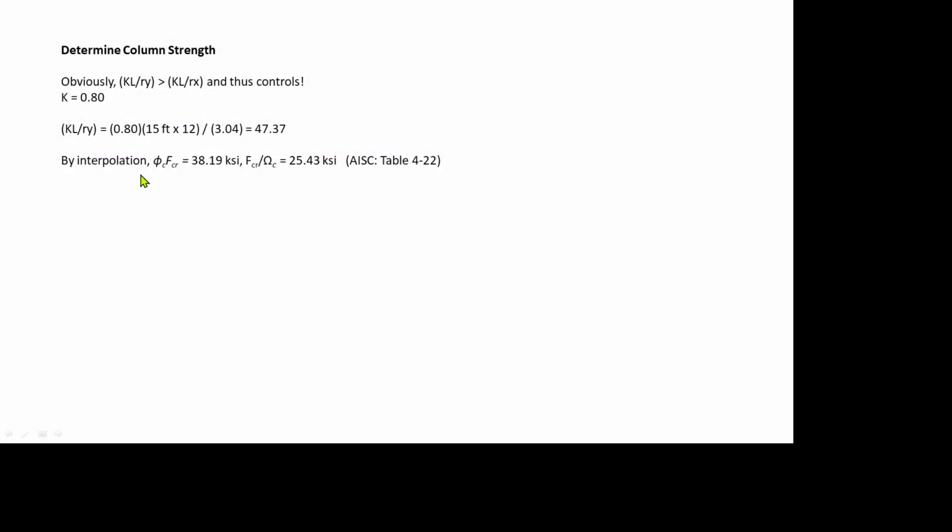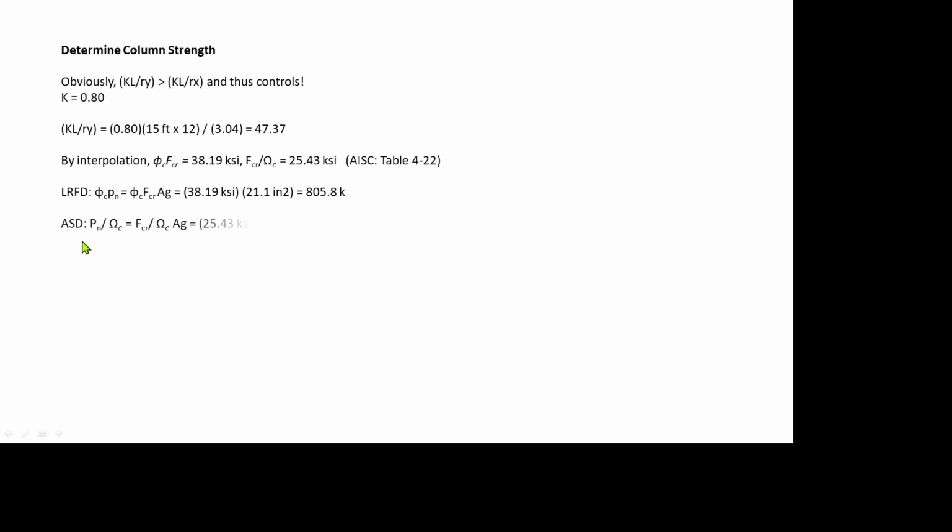This is the value for our LRFD, from the table. Then we multiply that by the area, so we have a compression strength of 805.8.